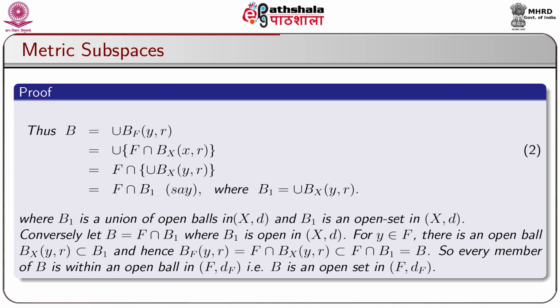For y belonging to F, there is an open ball B_X(y, r) subset of B1 because B1 is open, and hence B_F(y, r) is equal to F ∩ B_X(y, r), a subset of F ∩ B1, which is equal to B. Thus, what we see is that every member of B is within an open ball in the metric subspace (F, d_F), that is, B is an open set in the metric subspace (F, d_F).